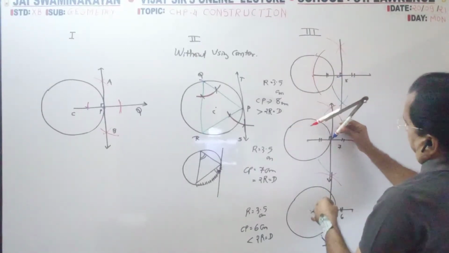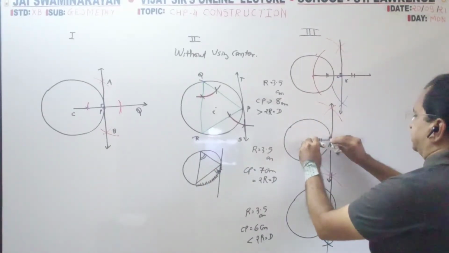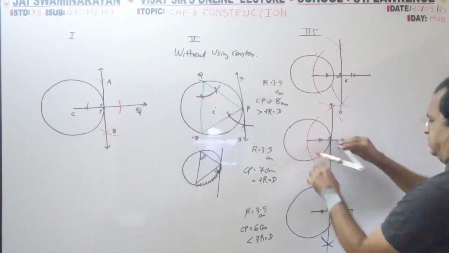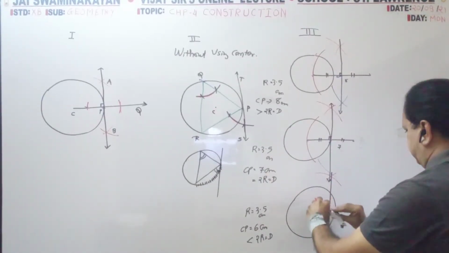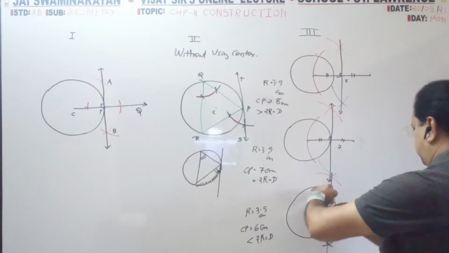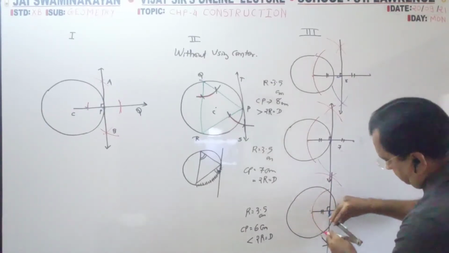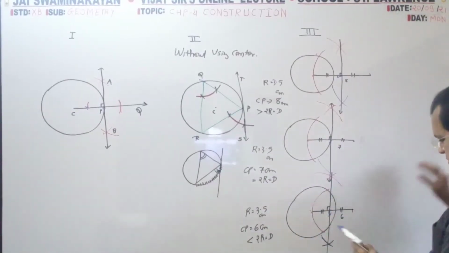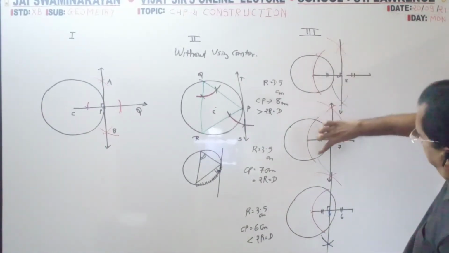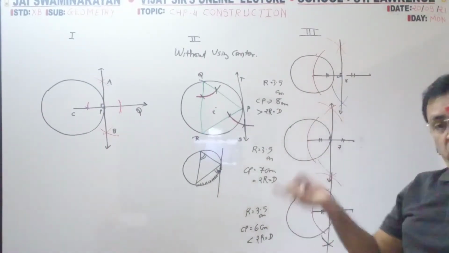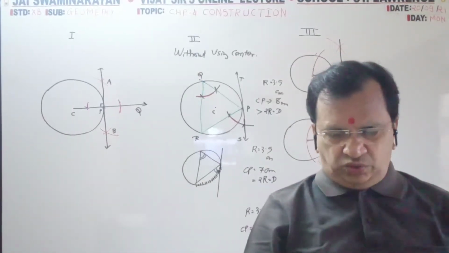Correct? From the new point to the center, just cut. From the new point to the center, cut the circle. From here 1, 2, 3. On the circle, now you will get two new points.